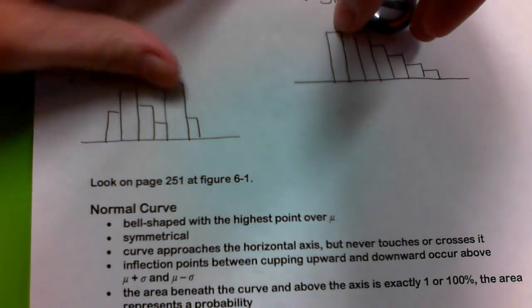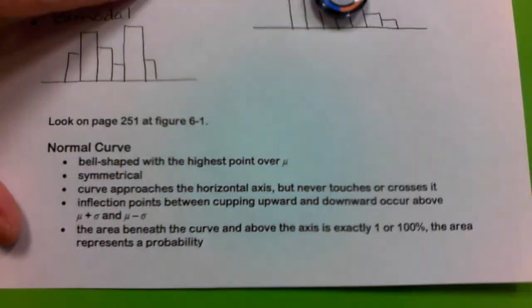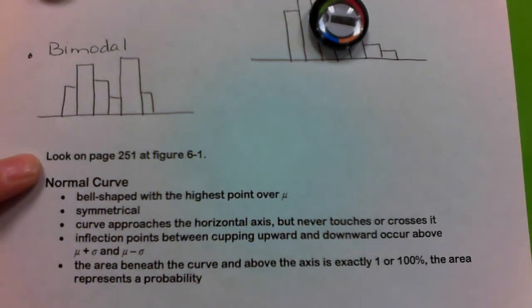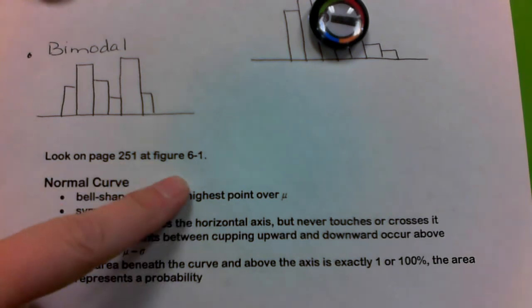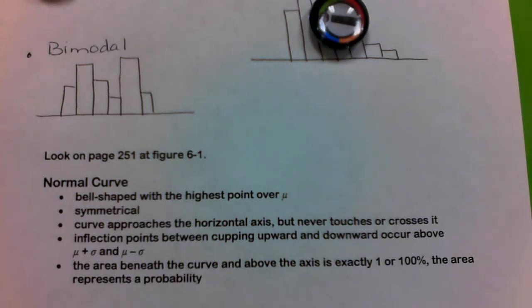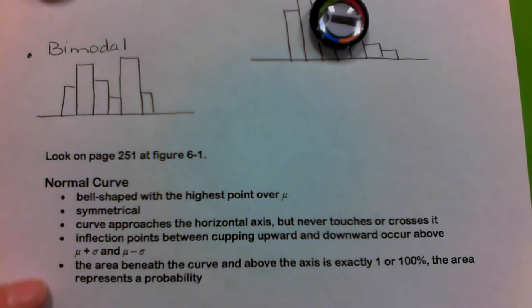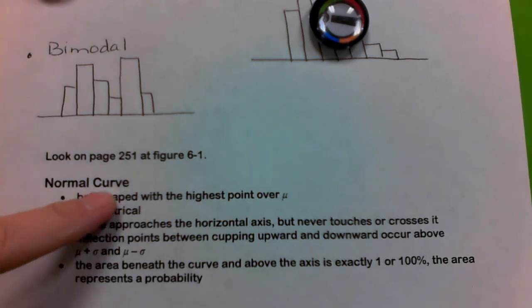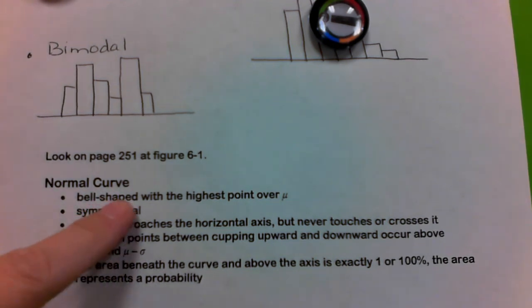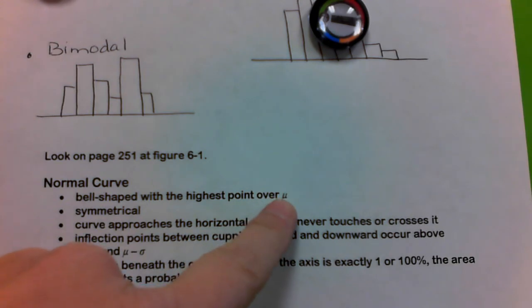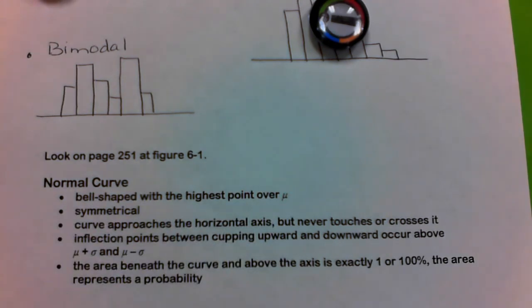Now, in your book, it gives a picture of a bar graph on page 251, figure 6.1. So you can look at that, and these are the characteristics of a normal distribution, a normal curve. It's bell-shaped. Its highest point is over mu, which is in the middle.